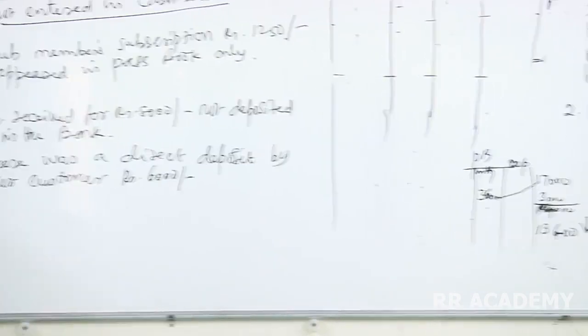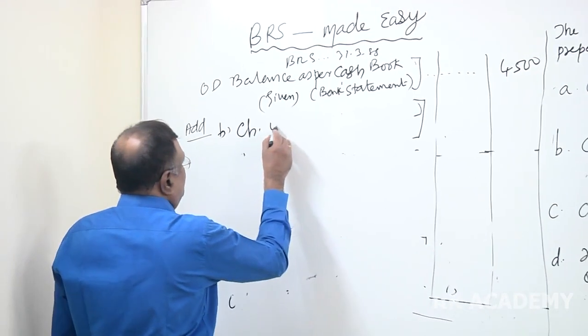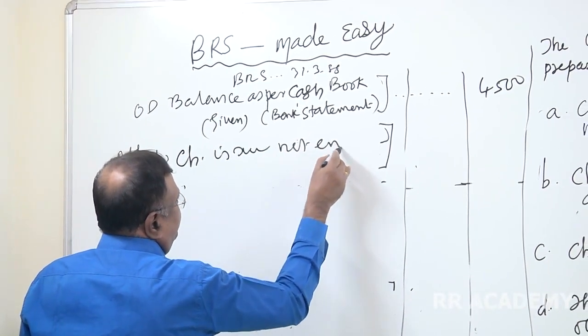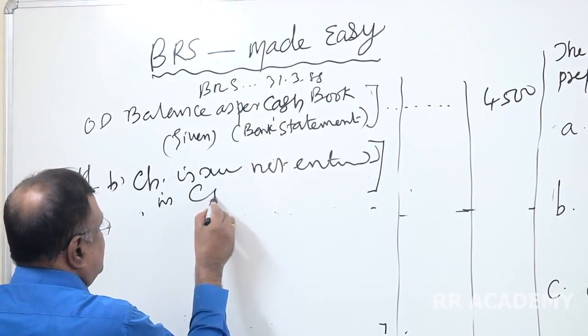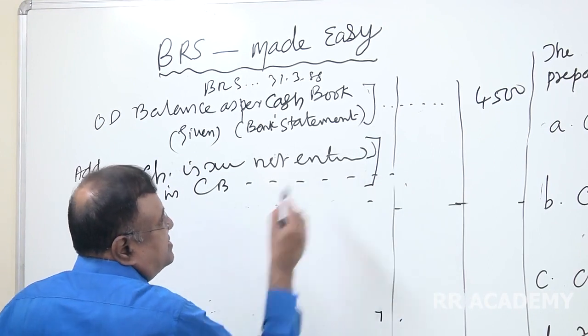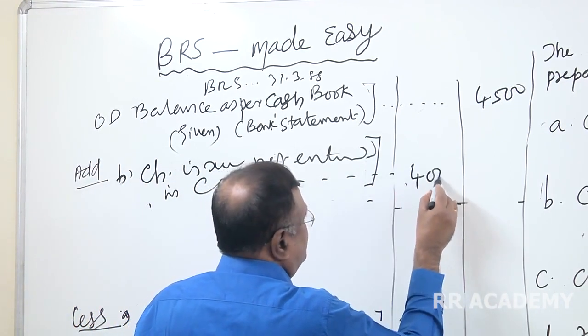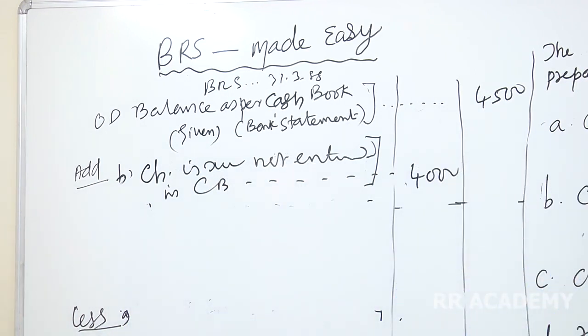Therefore, add check issued, not entered in the cash book. As it is, please write 4,500, sorry, 4,000. This is also a nice transaction. Next.